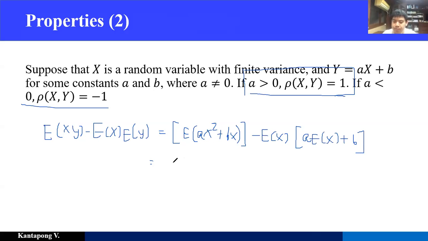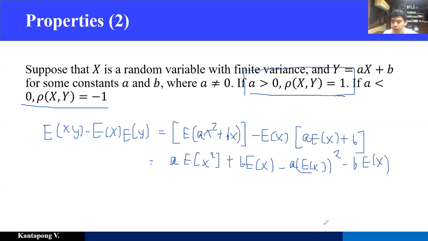What does it mean? It is aE[x squared] plus bE[x] minus aE[x] squared minus bE[x].